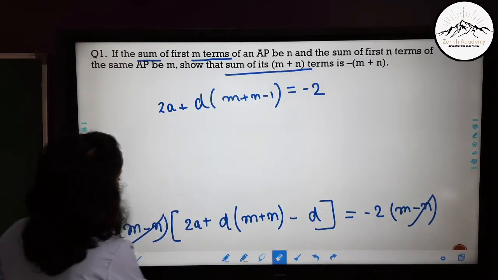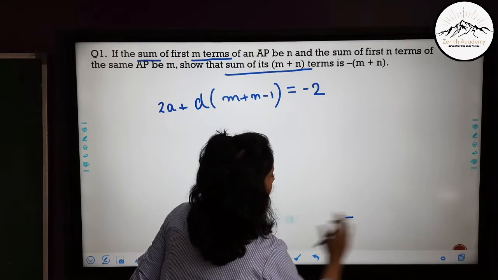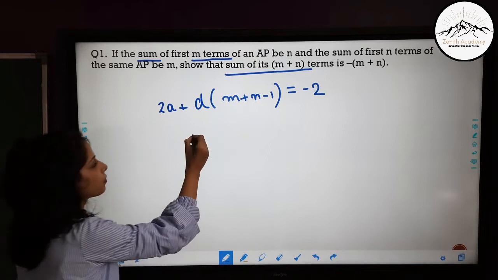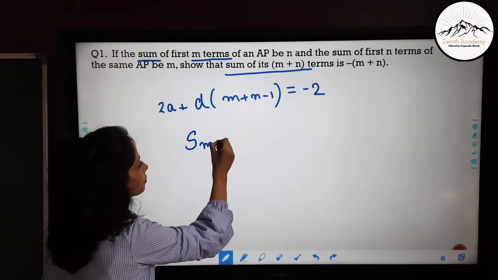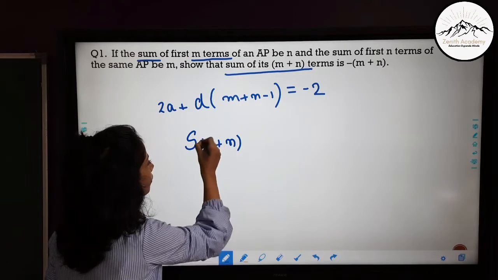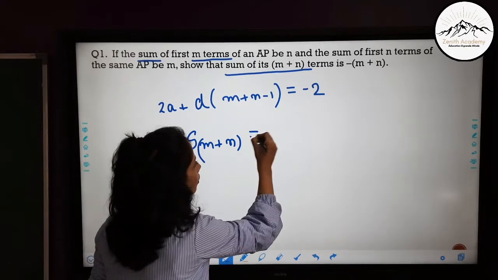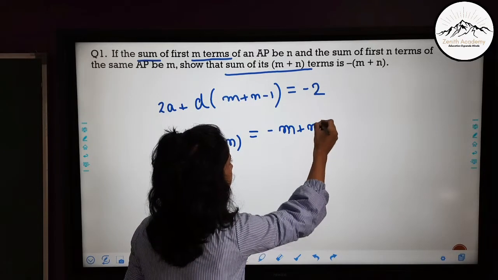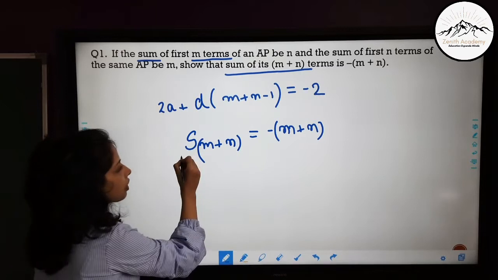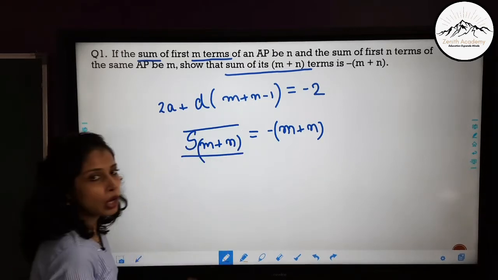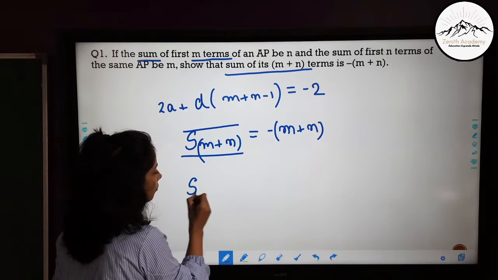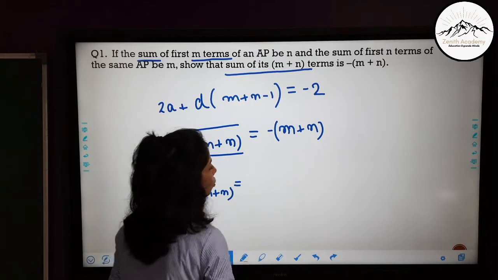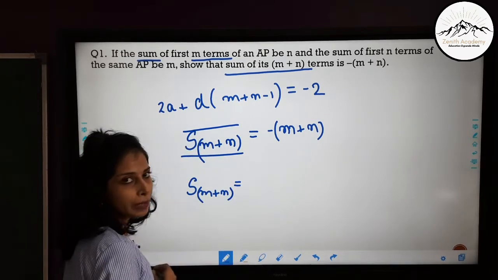Now what we can do further is, now let's see what is the sum of m plus n terms. We need to prove it as minus m plus n. Now sum of m plus n terms, how can we write that? We know the formula, n by 2 into 2a plus n minus 1 d.